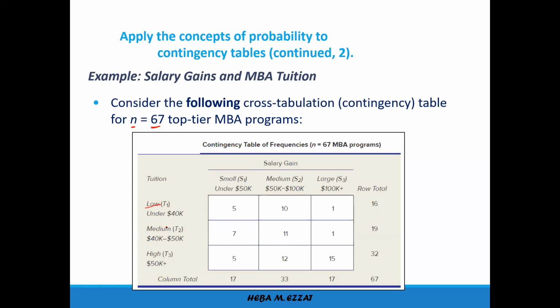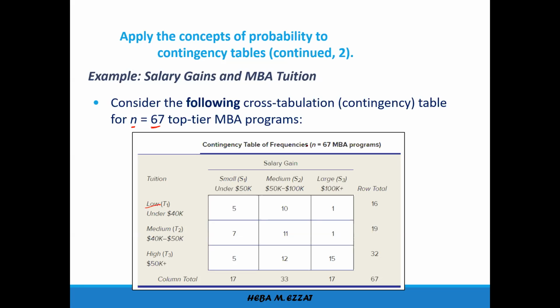So this is the main purpose of the table. You have to understand the table before we start to solve anything. The main purpose is that 67 students or employees or whatever are collected in order to see the effect of the tuition of their MBA program on the salary gain in the future.